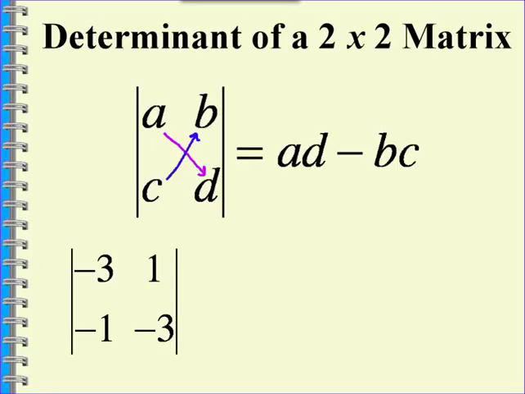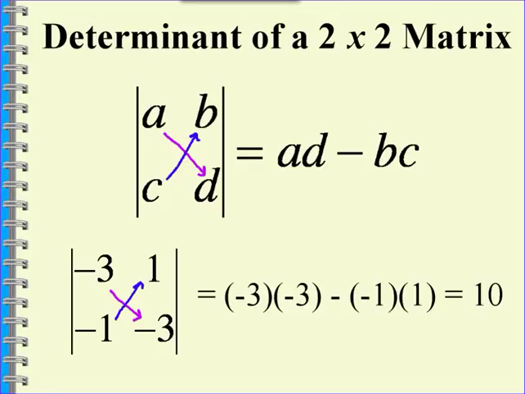what are you going to multiply? Negative 3 times negative 3. I'm going to multiply along this diagonal, and then subtract this diagonal. That looks like negative 3 times negative 3 minus negative 1 times 1.